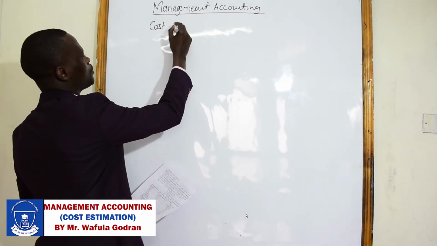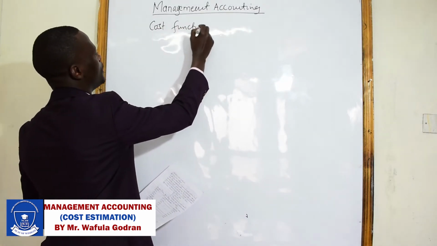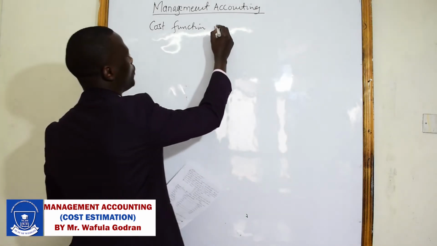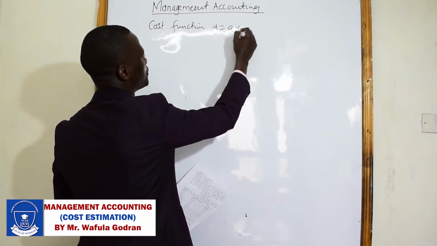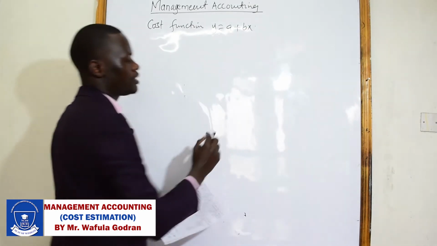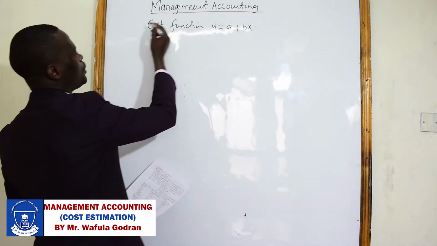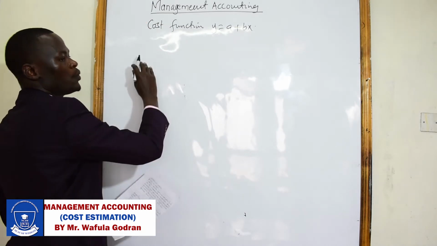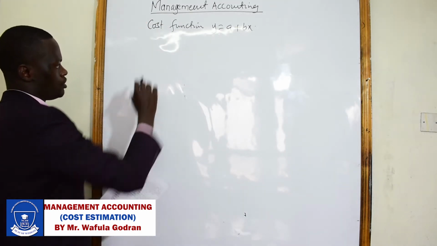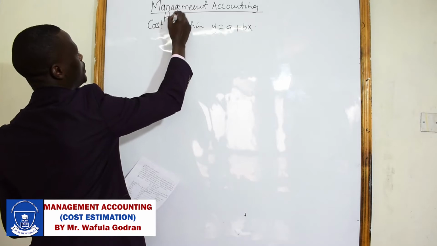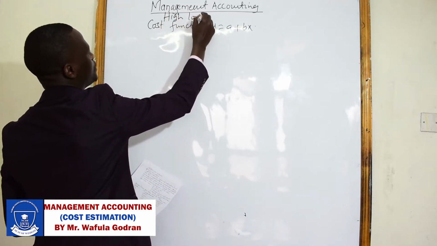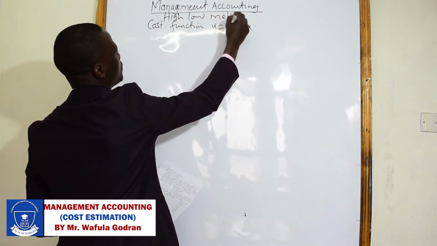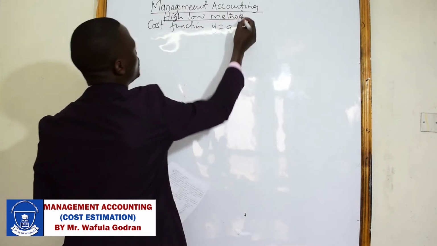We establish the cost function as y is equal to a plus bx. This is one of the methods of dealing with cost estimation, the high-low method. I'm hoping that you still remember that.